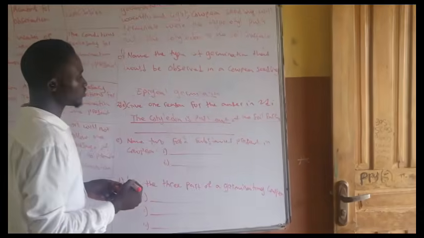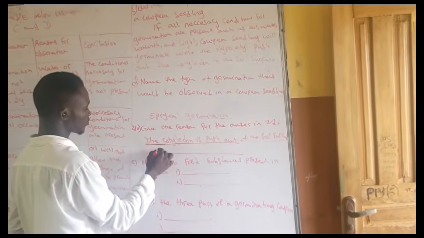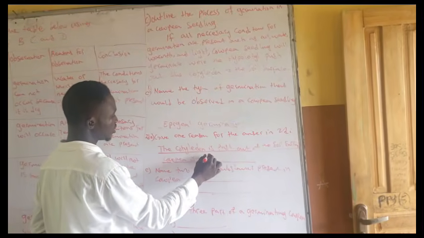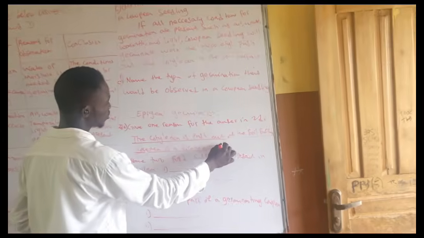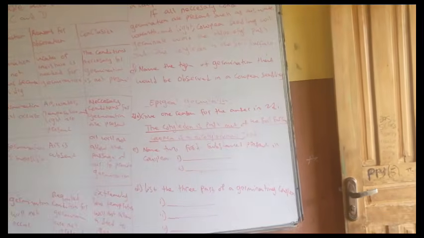The cotyledon is pushed out of the soil surface. Also, cowpea is a dicotyledonous seed.